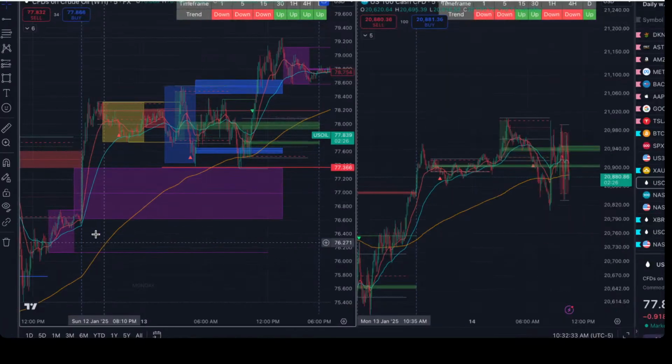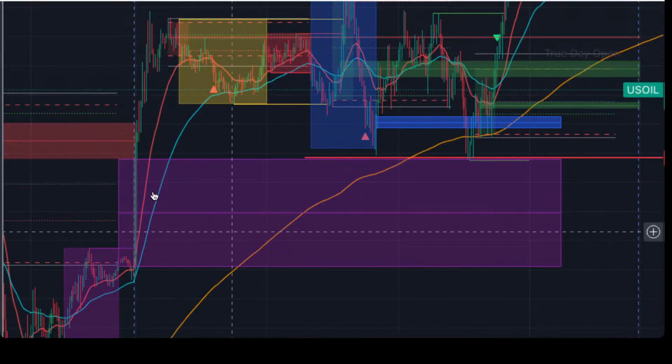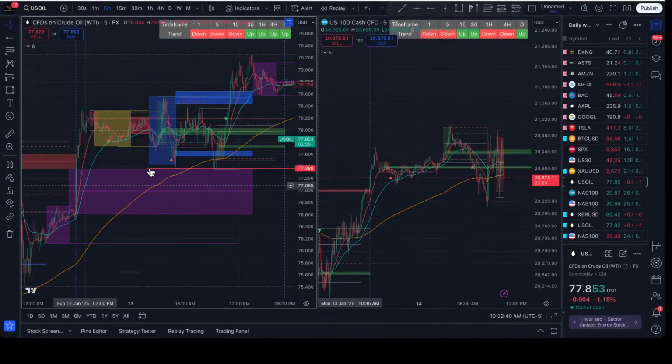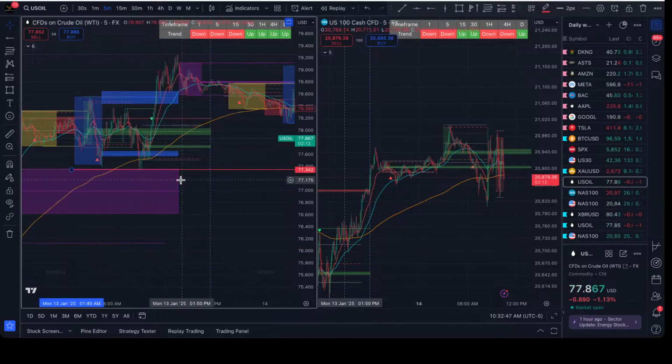Was this news release on this side, or that was just the opening gap? So it would have most likely went to fill in that gap, but we'll just keep it at previous day's lows.